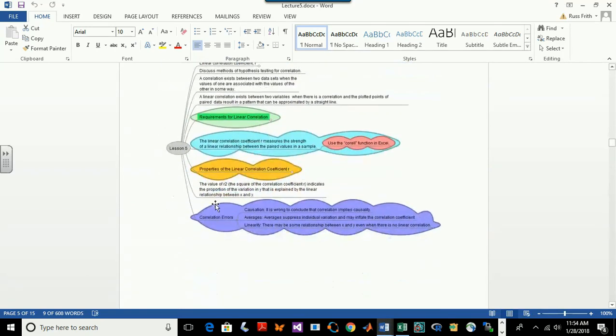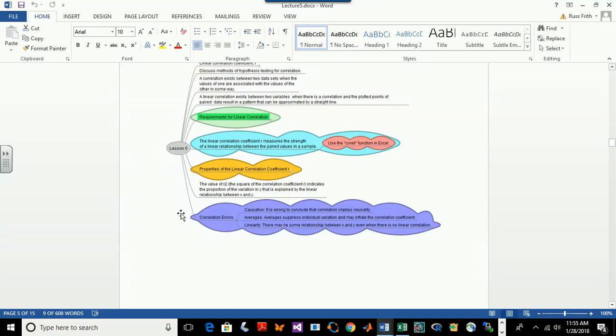All right, so what are some common misapplications of linear correlation? Linear correlation does not indicate causation. Just because we have a linear correlation coefficient doesn't mean that we can use it as a means of predicting values. If we have a positive linear correlation between x and y, and x increases, it doesn't necessarily mean that y will increase.